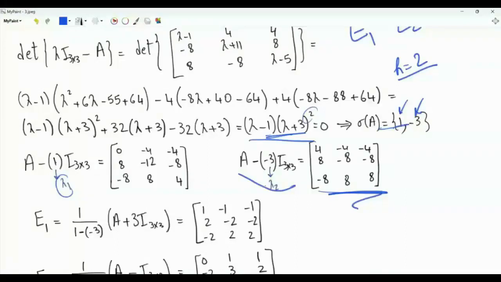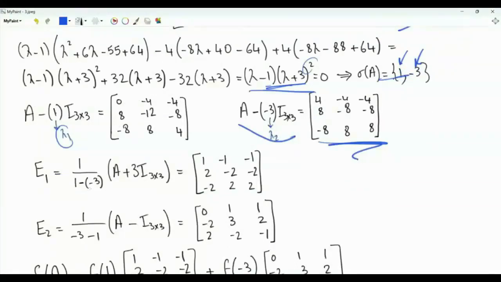What are the E matrices? We have a product, but because in our example k is equal to 2, and in each product there is an excluded term, then actually each product has one term. Recall that EJ is equal to 1 over the product over V from 1 to k, V not equal to J, of lambda J minus lambda V. Now k is equal to 2, and if we take J to be equal to 1, then the possible value of V is 2.